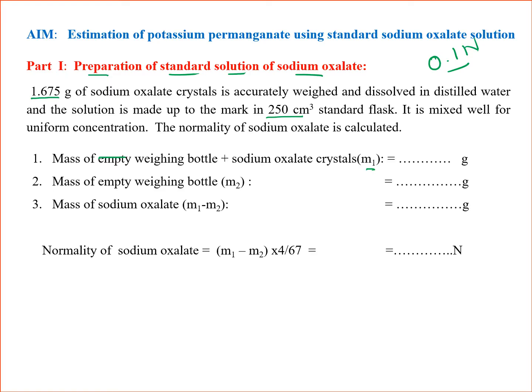The mass of the weighing bottle plus the adhered crystals you take as M2. When you take the difference between M1 and M2, you get the mass of the sodium oxalate crystals, which you can note down. When you substitute that mass, you can get the normality of the solution. I am giving this method because we can't exactly measure 1.675 grams. While weighing, it may be in excess or it may be low, so we should be careful.